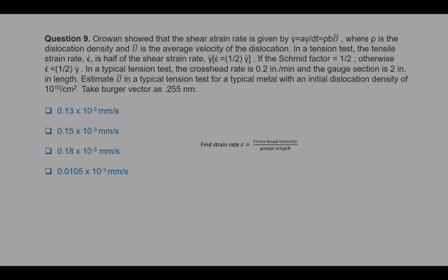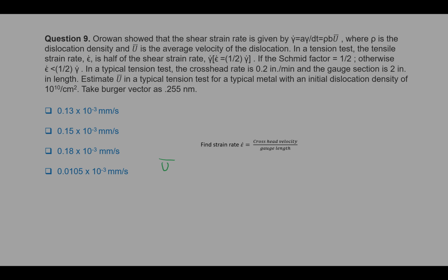Take Burgers vector as 0.255 nanometer. Okay, so first of all, they are asking for this u value. What is the average velocity? And they have given various options here.